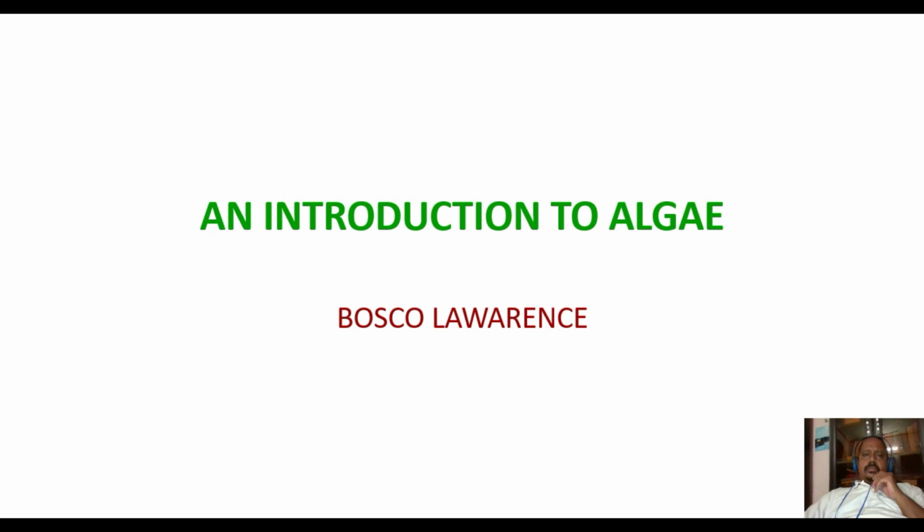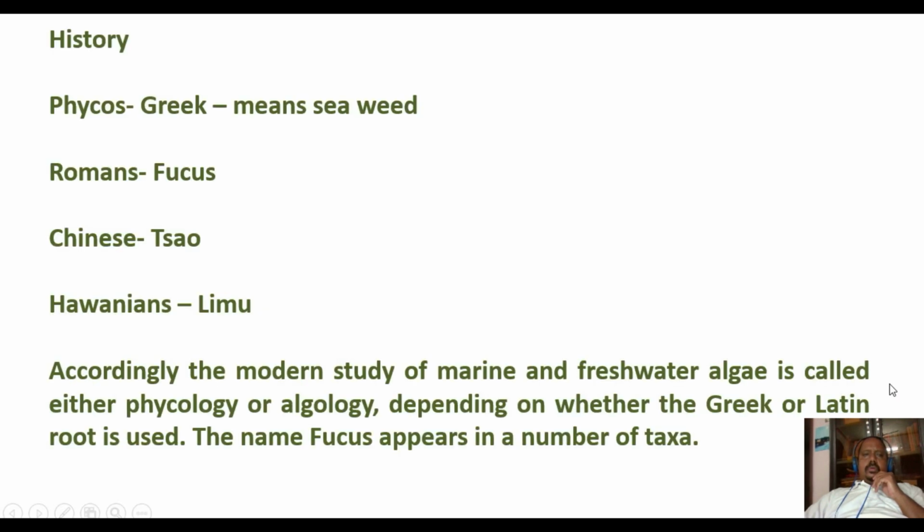As we have seen, the algae form a diverse group and are known by different names all over the world. Different groups of people from various countries use different terms in their own language to indicate these plants.